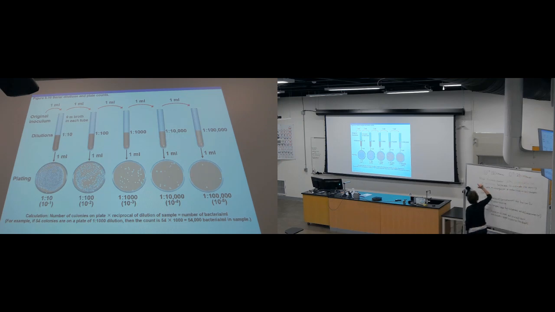And then you know that you need to count plates that have colonies between 25 to 250 colonies. So you can count.